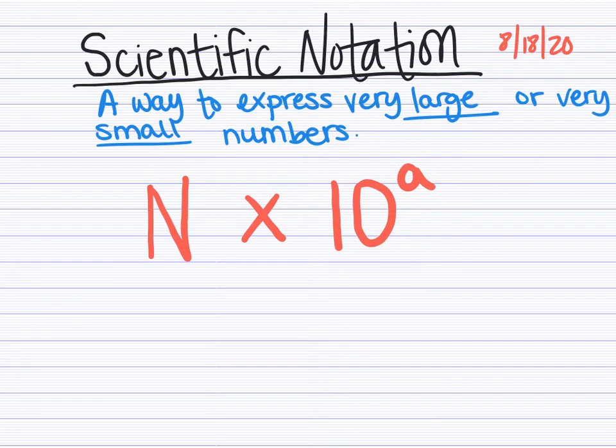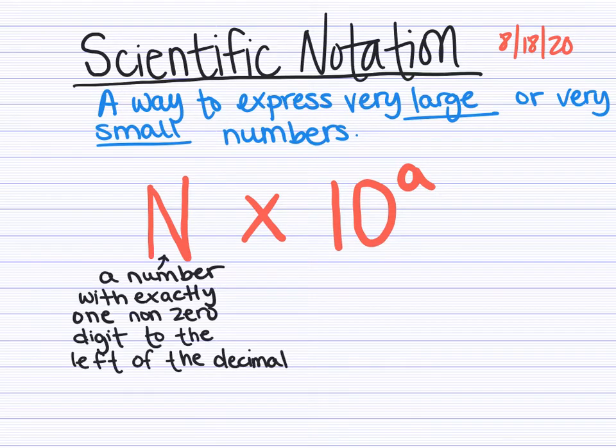So let's go back through these pieces one more time. In that first number, it's a number with exactly one non-zero digit to the left of the decimal. I'm going to lay out all the possibilities. You can have 1 point something or negative 1 point something.